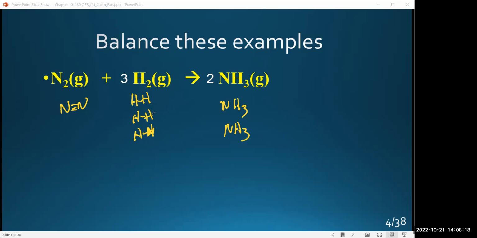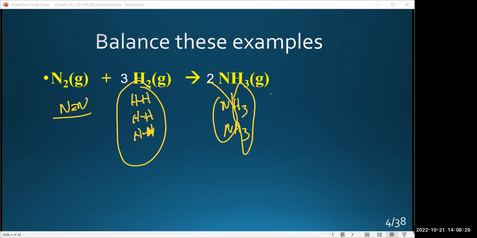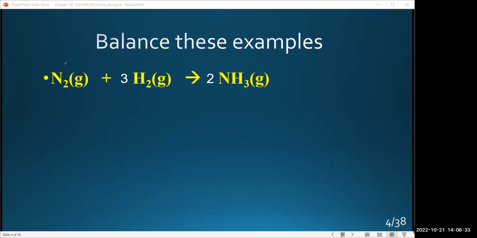So you can see the 6 hydrogens, and then the 6 hydrogens here in the form of ammonia, the 2 nitrogens, and the 2 nitrogens. So we have a balanced chemical reaction. Notice the ratio, always be aware of the ratio. It's a 1 to 3 between nitrogen and hydrogen. It's a 1 to 2 between nitrogen and ammonia. It's a 3 to 2 between hydrogen gas and ammonia. Okay.